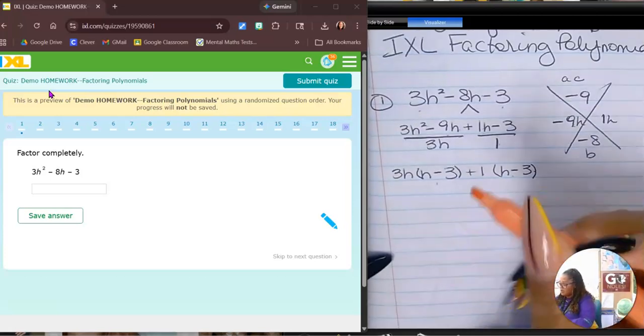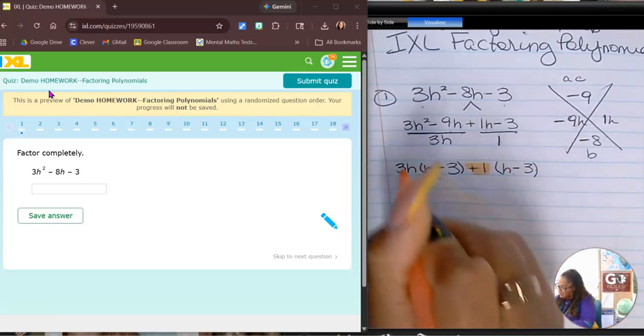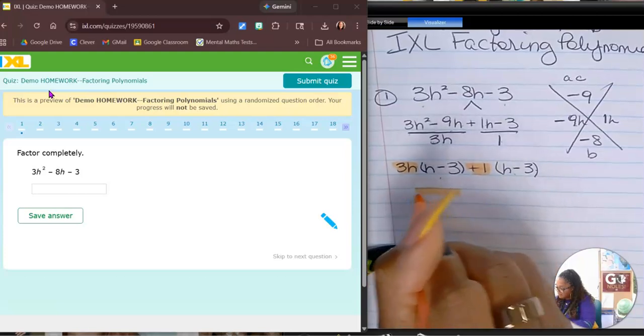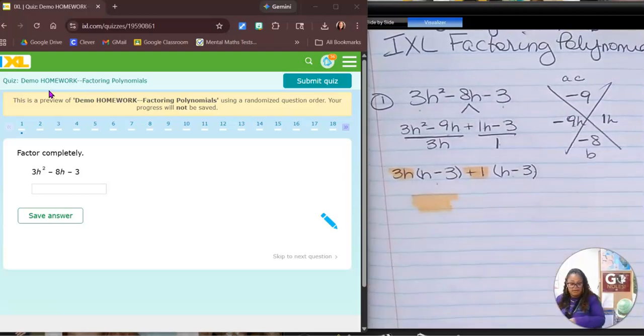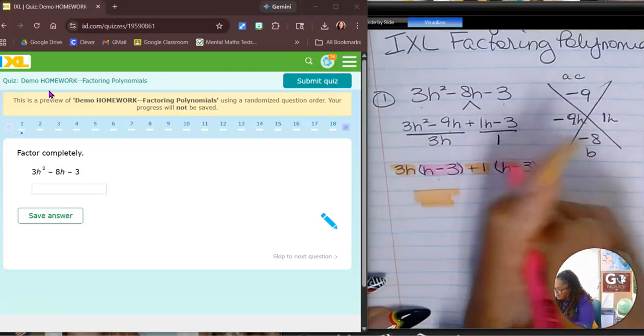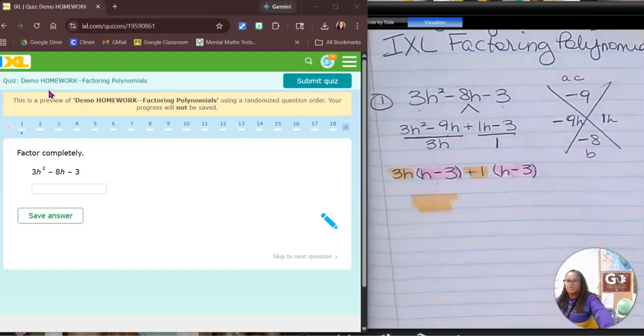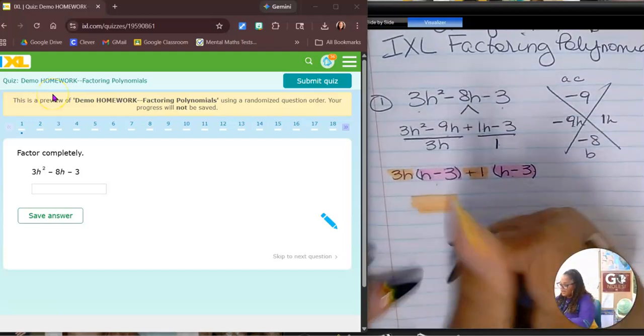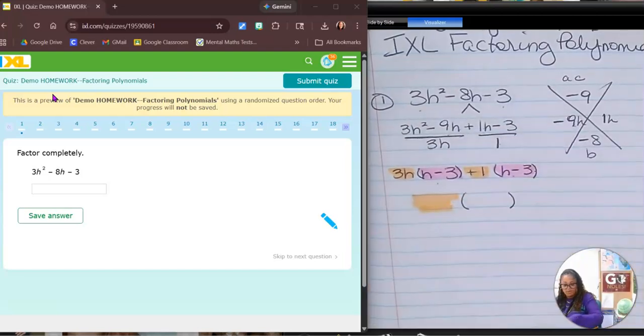Now I'm going to take these terms. These two must be in a set of parentheses. And then, let me find another color, pink. This must be in another set of parentheses. But I don't ever duplicate them. If they're already duplicated, then I only need to write it once.